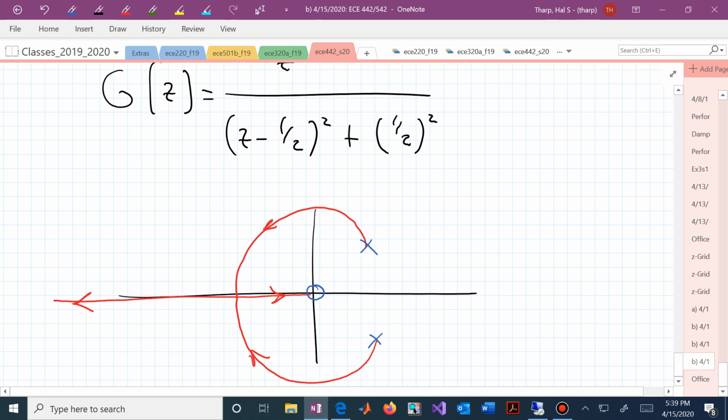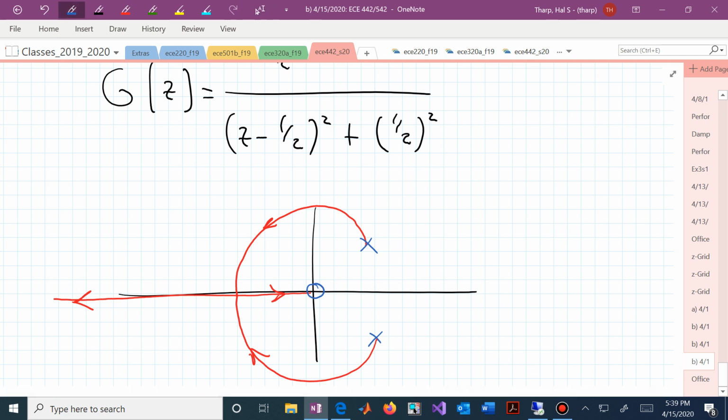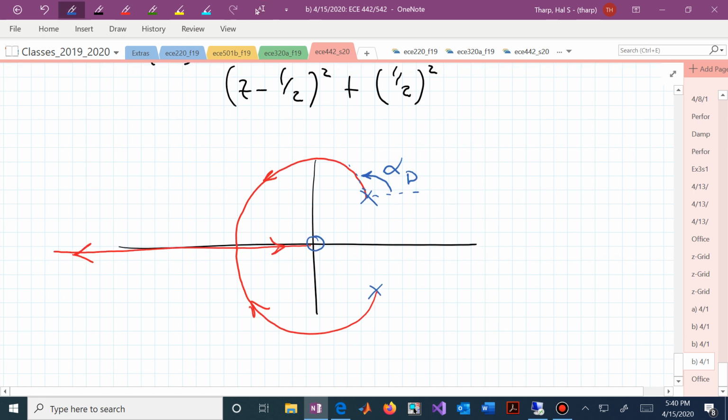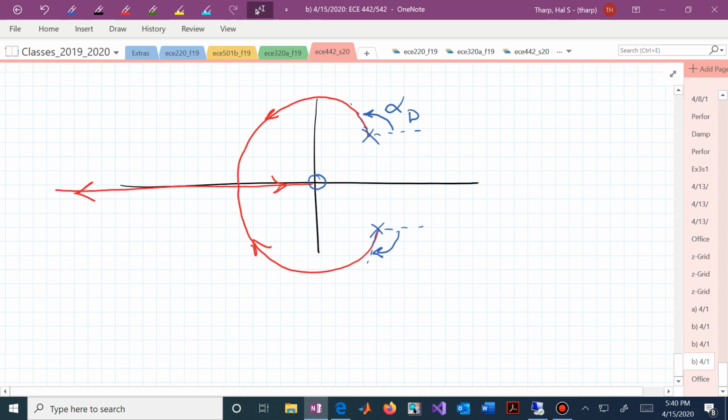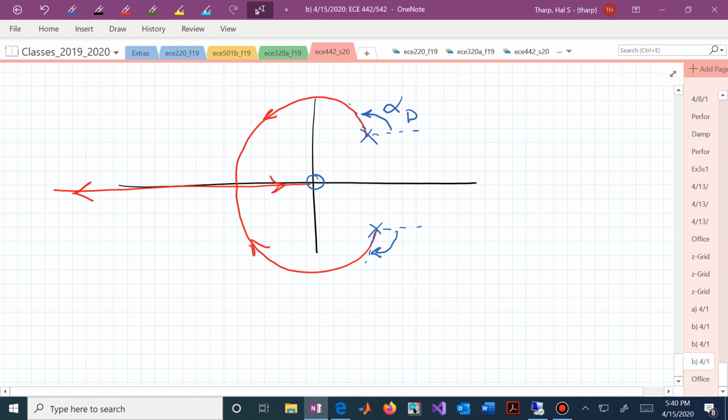But if we didn't know that, we could now use rule number 5, and rule number 5 is now concerned with if this is now tangent to that root locus branch that's leaving, we want to be able to calculate what is this alpha sub d, this departure angle, and in fact these are symmetric, so this angle would need to be the negative of that alpha sub d. They should be the same, and so this sketch should be symmetric relative to the positive and negative z-plane.